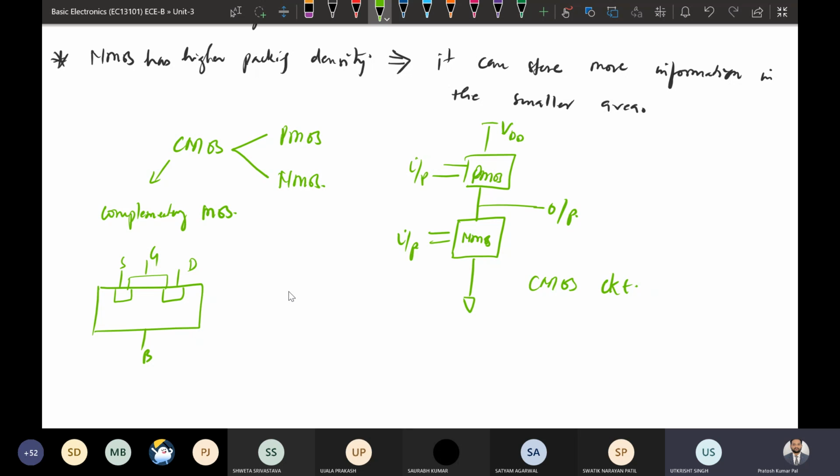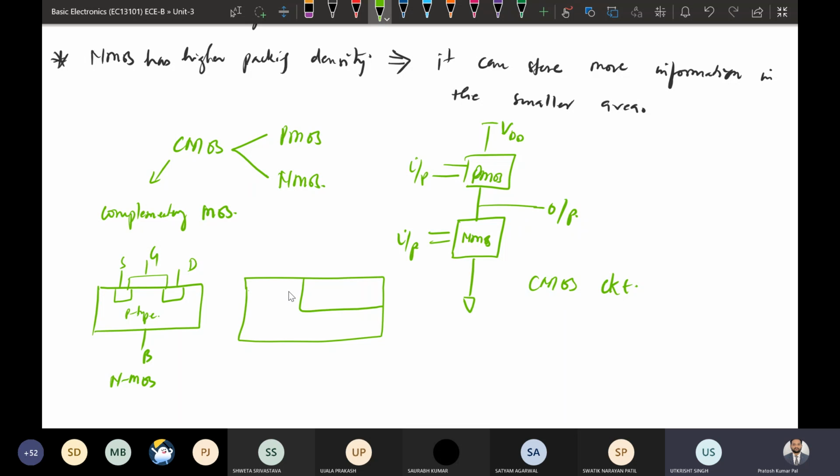Suppose this is of P type, then it will be an N channel, so an N channel MOSFET or NMOS is there. Similarly, we can fabricate another P channel MOSFET, a PMOS. But there can be a device that has both NMOS as well as PMOS on the same IC or on the same substrate.